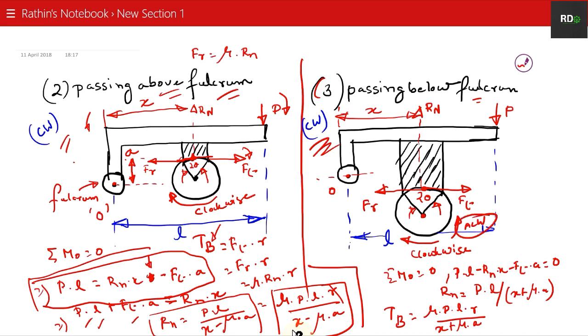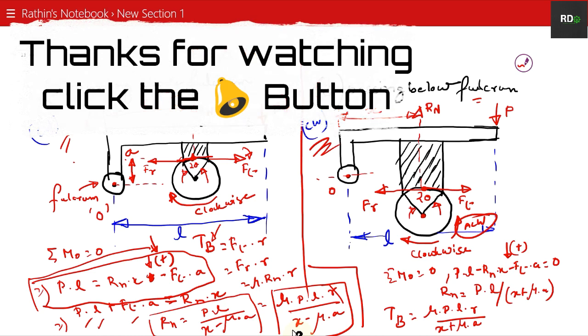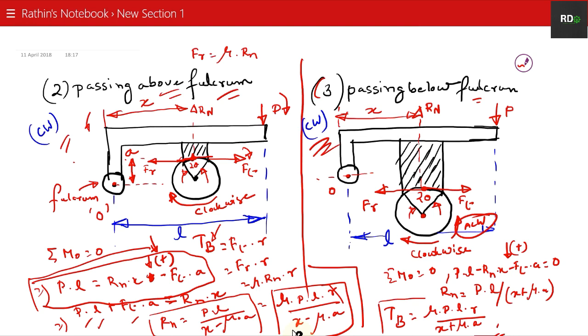The only change will be that this Ft into A will become positive, as you can see, if the drum rotates anti-clockwise. The whole expression will remain, just this Ft into A will change from negative to positive if the drum rotates in the anti-clockwise direction, and there will be a slight change in your value. For clockwise this will remain the same, that is mu into P into L into R divided by X plus mu A. It will slightly change into X minus mu A.